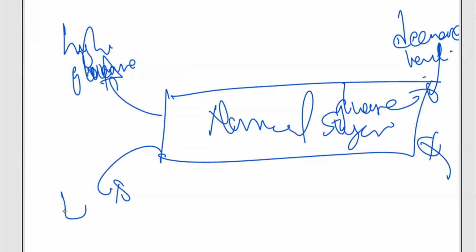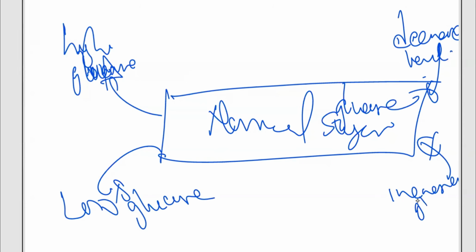If you have here low level of glucose, our aim is to increase the level of glucose. You see, if you have high, this one must be decreased. If you have low, here must be increased.